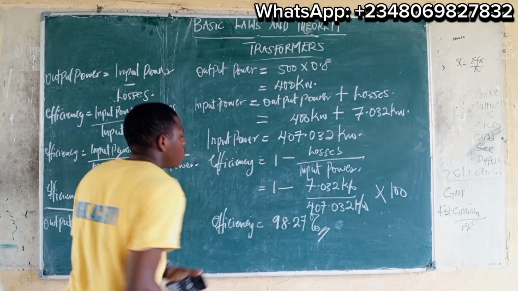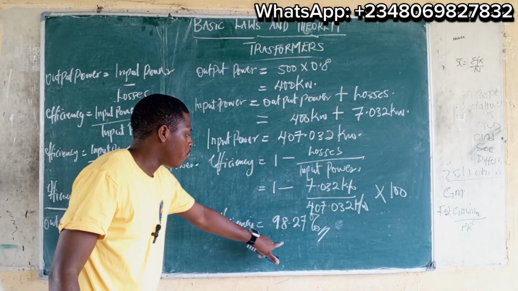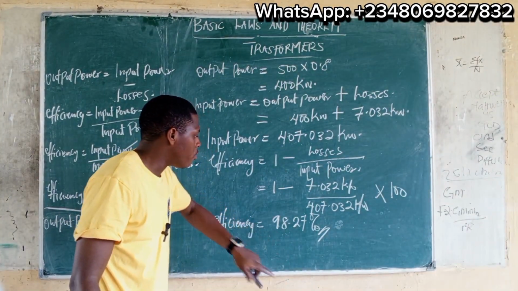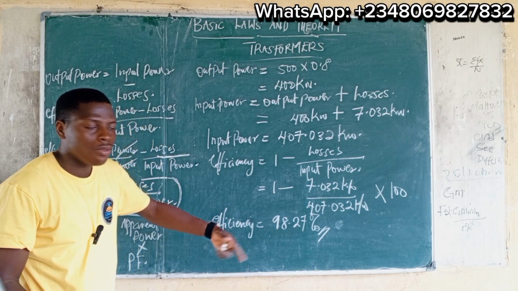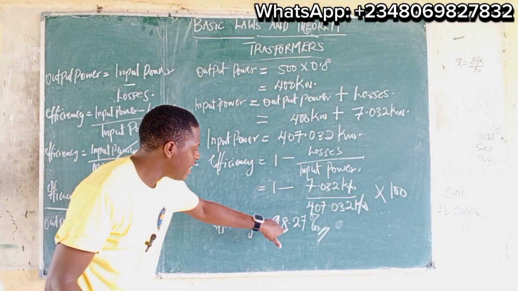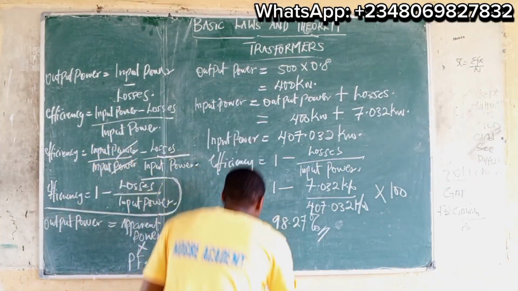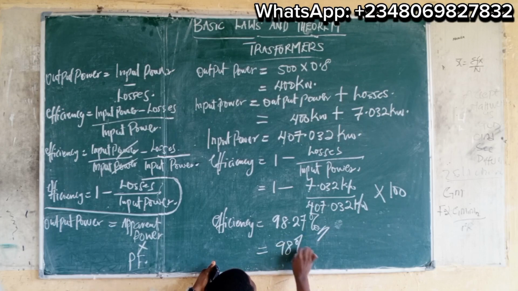Efficiency to be 98.27%. Now don't forget, what we were calculating for is just our full load. We've not calculated for our half load. We calculated efficiency for our full load to be 98.27%. So in essence, your efficiency is simply 98%.